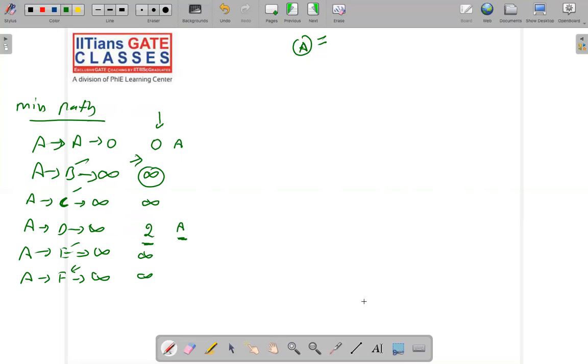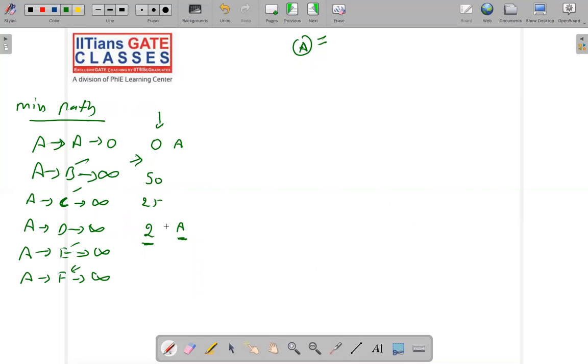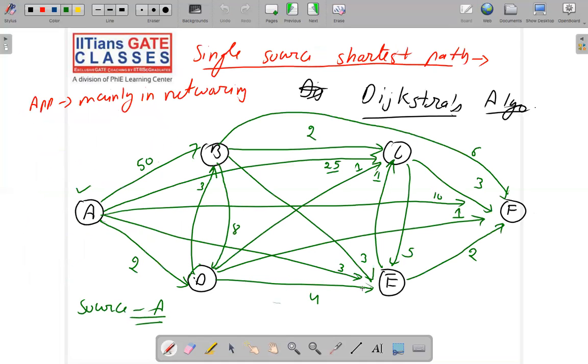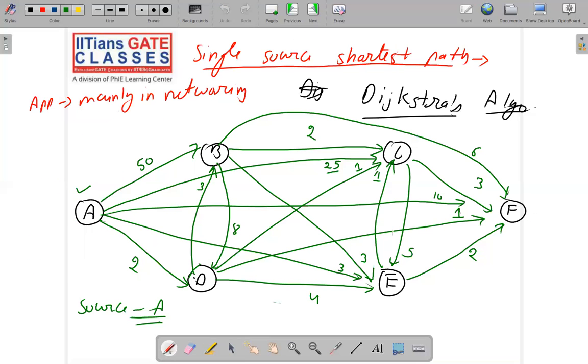So instead of infinite, we will say that via A, let's see which all we can cover. Via A, we can go to B with 50, to C with 25, to D with 2, to E with 3, and to F with 10.